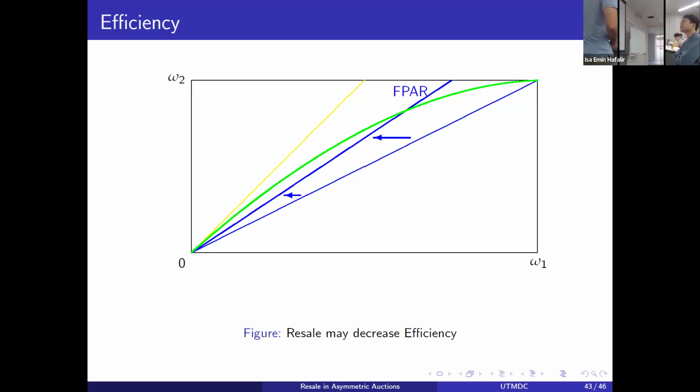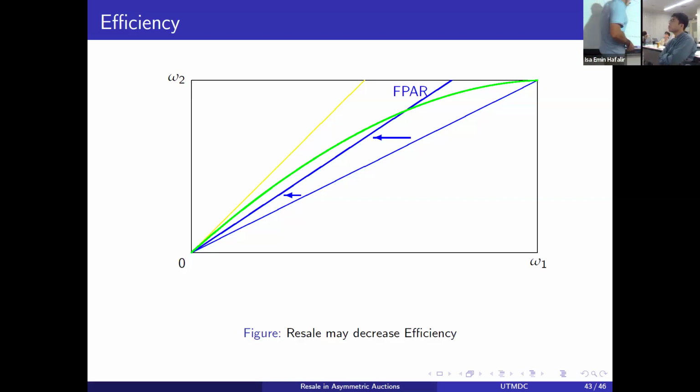So basically, this yellow line is the most efficient allocation. So in order to get the most efficient allocation, I need to allocate to bidder 2 whenever it is to the right of the yellow line, and to bidder 1 whenever it is to the left of the yellow line.